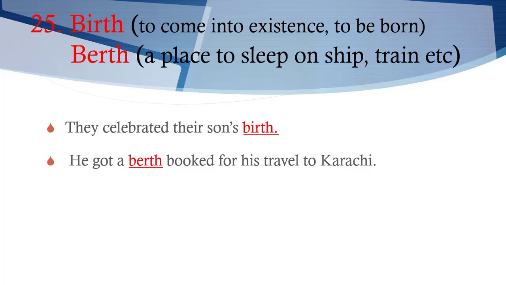We can use the word birth in the sentence as: they celebrated their son's birth. Whereas the word berth, B-E-R-T-H, can be used in a sentence as: he got a berth booked for his travel to Karachi.